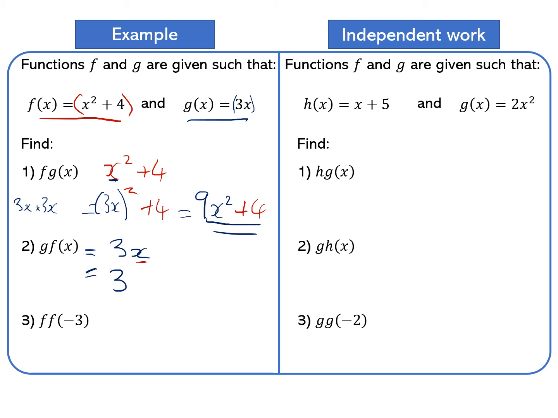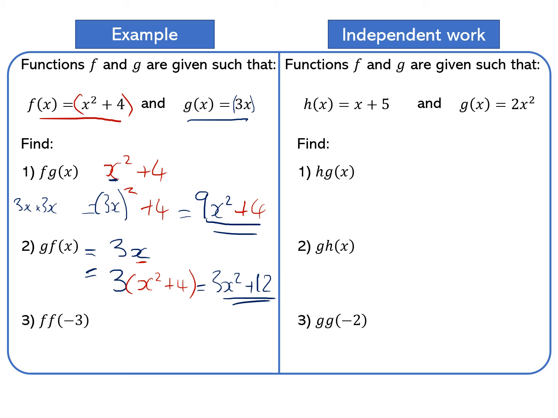Let's use the same colour so it's really clear for you. x squared plus 4. And now I can multiply that out. 3 times x squared is 3x squared. 3 times 4 is 12, and that's both positive. And that's complete.